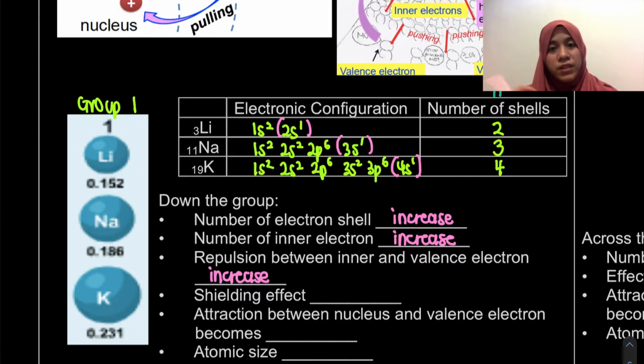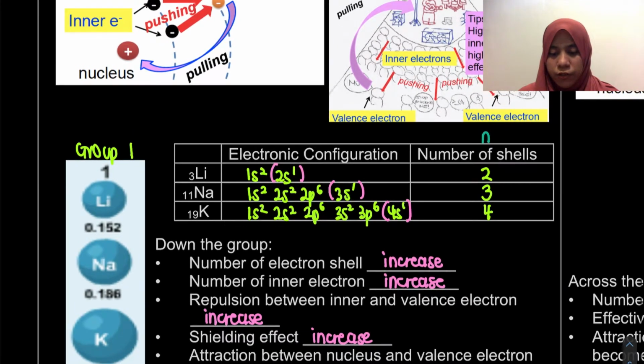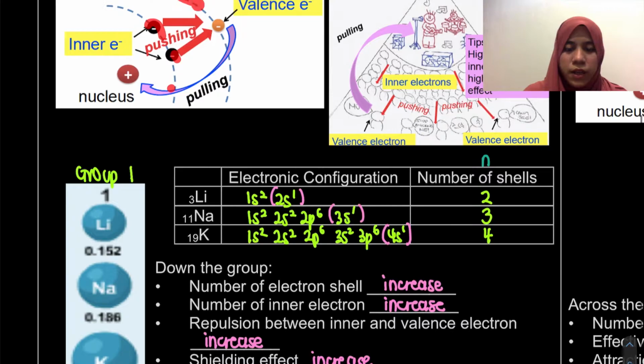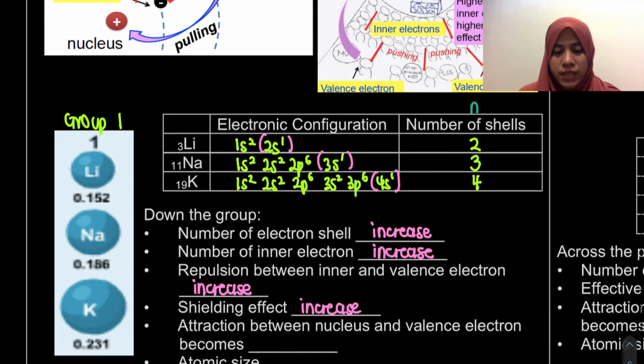So when the repulsion is high, the shielding effect akan increase. Okay, so maknanya bila dah banyak dah electrons, the inner electrons dah banyak, so maknanya our valence electron ni pun does not feel any attraction dah. It's being shielded by our inner shell. Okay, so what happens is that the attraction between nucleus and valence electron will increase.